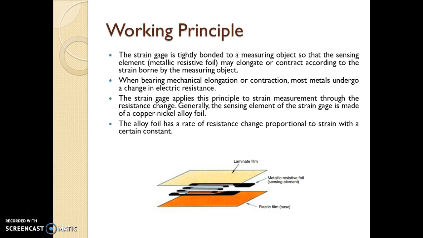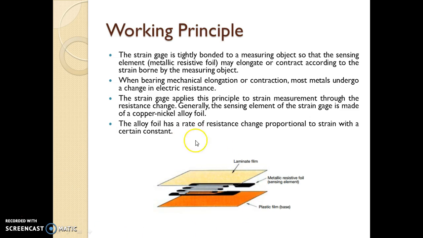Now let me tell you, this resistive foil or the metallic strain gauge, it's not that mechanically strong. So if you go in market, you will find that this element is pasted on a plastic film to give it enough mechanical strength, and it is covered by a thin laminate film so as to isolate it electrically.